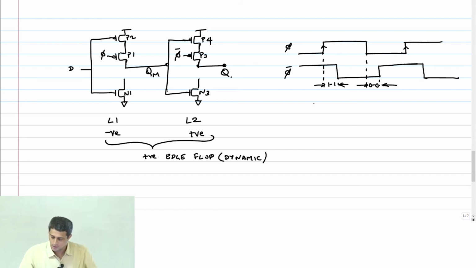Fine. So now I want to see if a change in D can percolate all the way to Q or not. So should I even analyze this particular condition? Which of the two transitions should I analyze is my question. Should I analyze D going from 1 to 0, or should I analyze the other case?